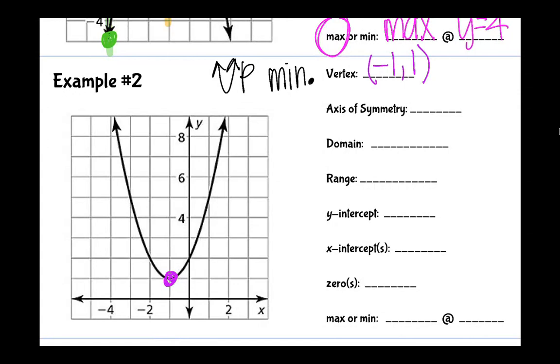Our axis of symmetry is going to go right through that vertex, and that's going to be x equals whatever this first number is, which is -1.